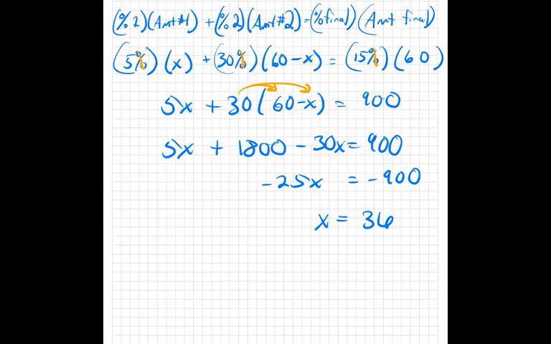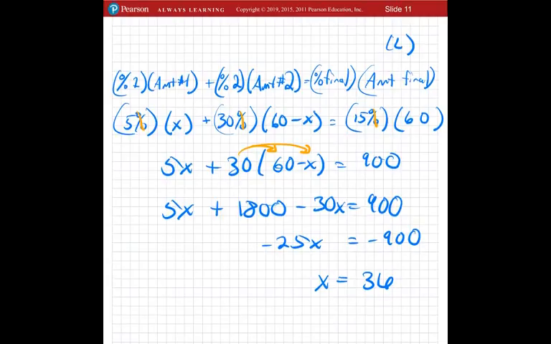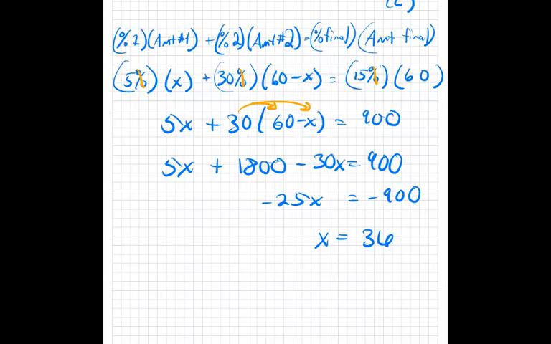So then X equals 36 liters. So the amount for substance number 1 should be 36 liters, and that means the amount for substance number 2, 60 minus 36, so 24 liters.